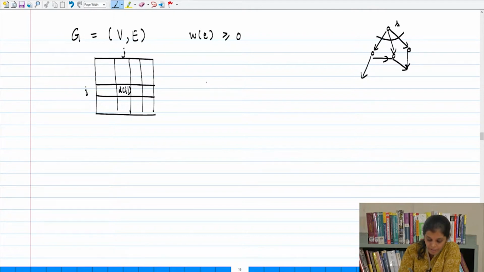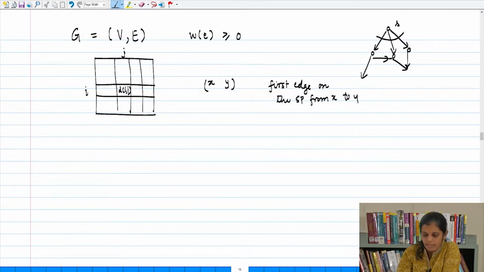For every pair, let us say x to y, we know the shortest path distance from the matrix, but we also want to know the actual shortest path. So, we will store the first edge on the shortest path that we have computed from x to y. Let's say that the first edge was xa, that was the first edge, and then the path goes all the way and goes to y.